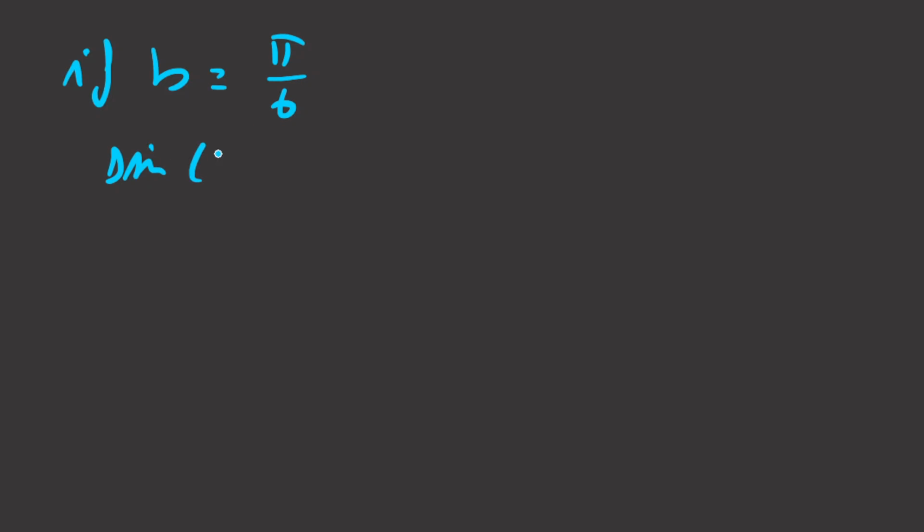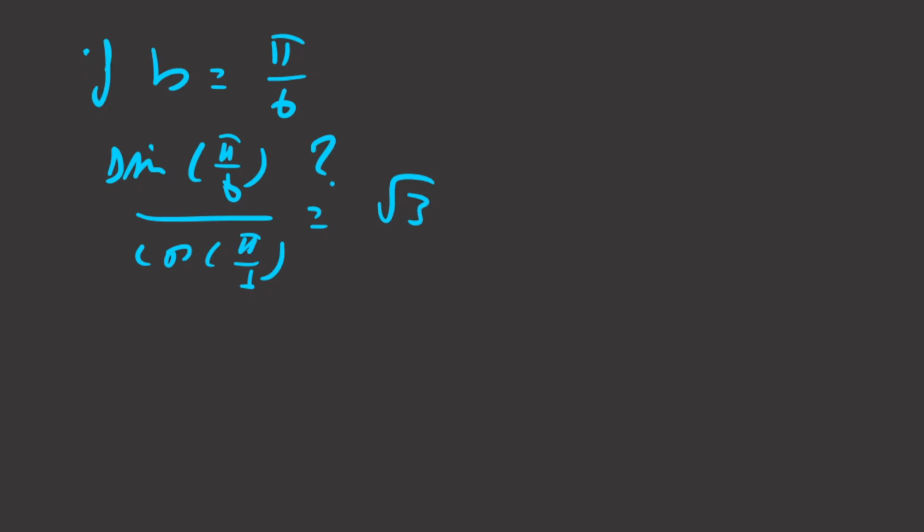So sine pi over 6 over cosine pi over 6 is equal to square root of 3. Is it equal to square root of 3? We don't know. So it is 1 over 2 over square root of 3 over 2. Is it equal to square root of 3?